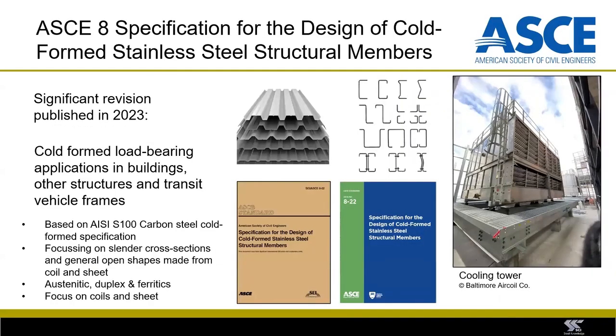Now, let's do a full circle and go back to ASCE 8, which was the first, I think, design specification for stainless steel, published in, I think it was 1968, then revised in 74, revised again in 1990, thereabouts, then revised in 2000, and then it got stuck.